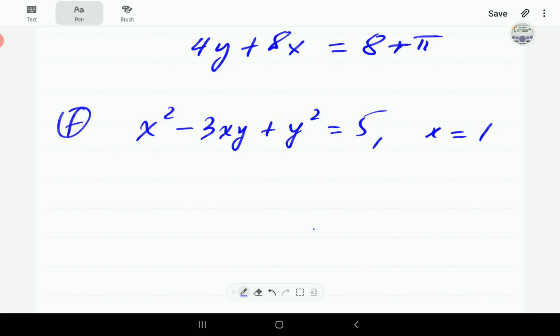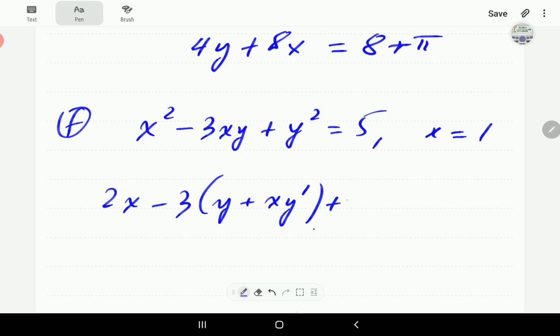For this one, we have to find the derivative implicitly. If we differentiate, x squared gives us 2x. Then we have to use the product rule, which gives y plus xy prime.